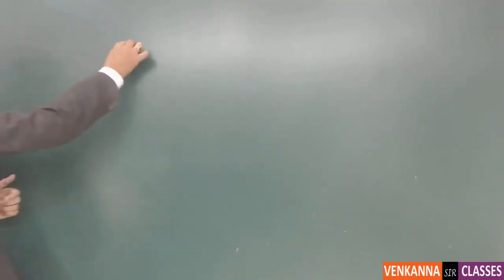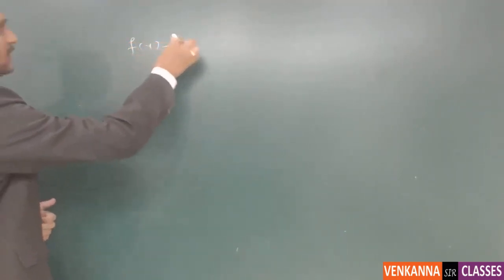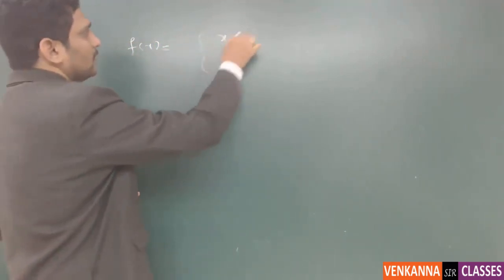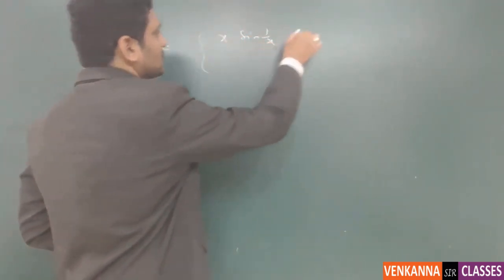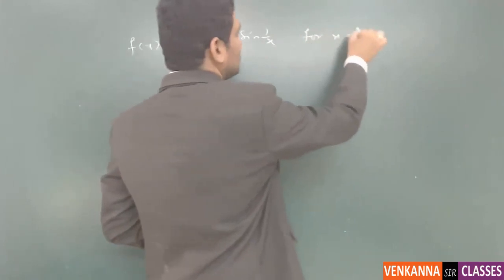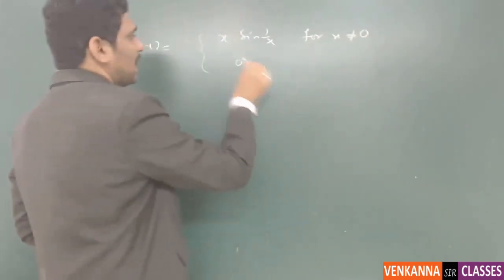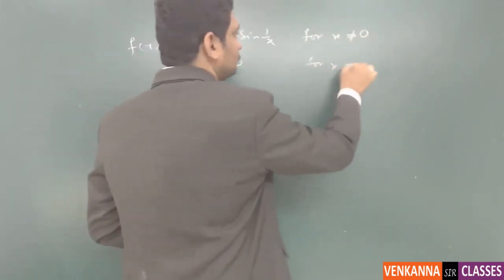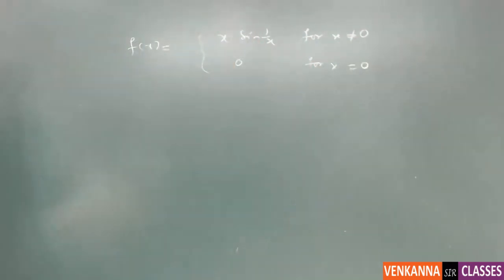The other problem I am going to pick up is to take the function f of x equal to x into sine 1 by x for x not equal to 0, and 0 for x equal to 0. Let us consider this example.